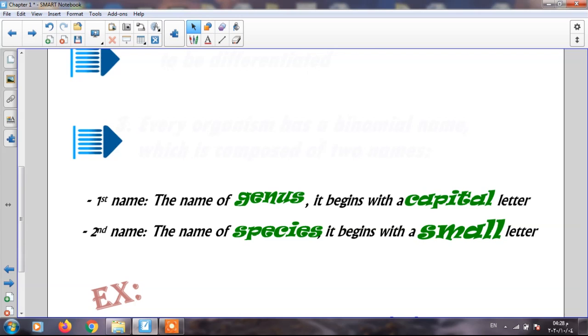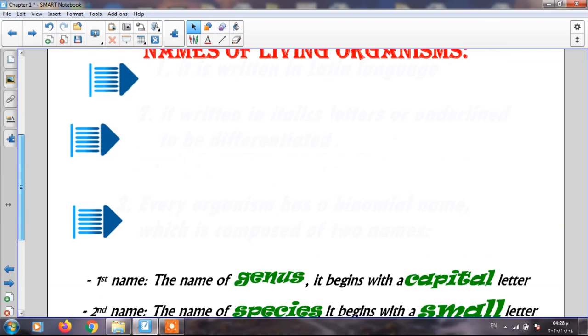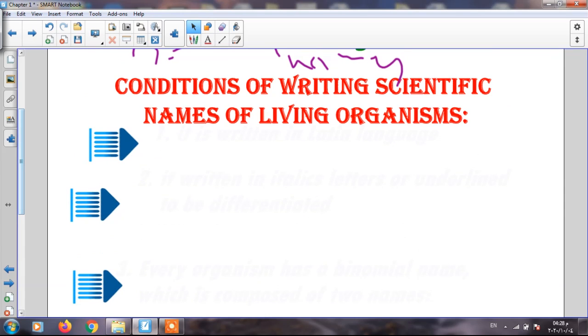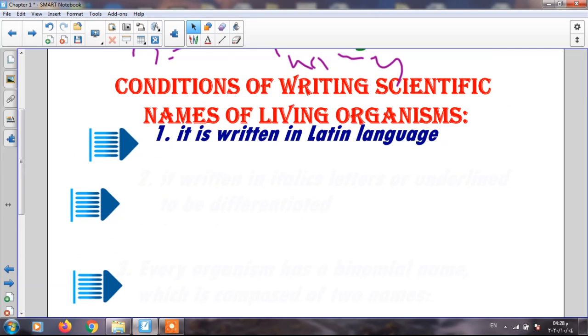Number one, it must be written in Latin language. Why Latin language? Because Latin was chosen as a scientific language because its words have brief meaning, and it is an old language that is not spoken by anyone now, and this protects it from any changes or modification. So we can consider it the language of science.